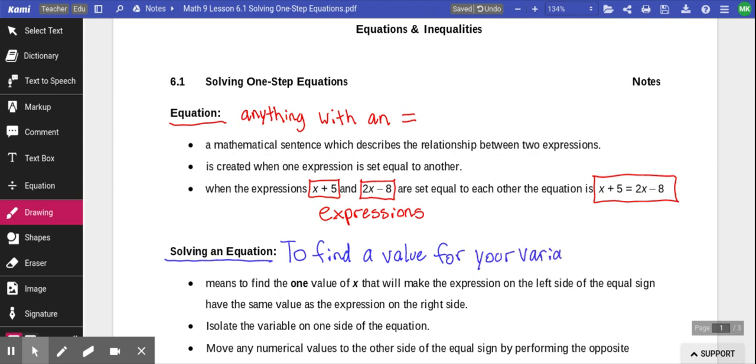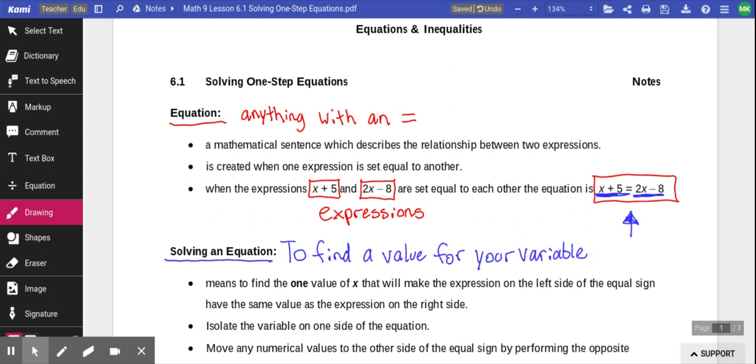Remember, a variable is like a letter. So if you were to look at this equation right here, solving that equation would mean finding a value for x that makes this equation true. It makes x plus 5 and 2x minus 8 actually both equal each other.